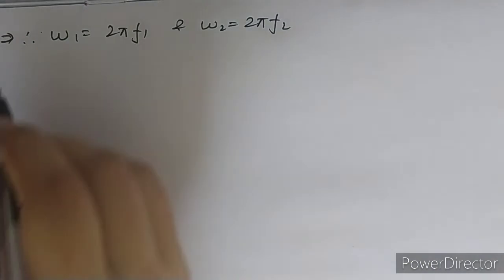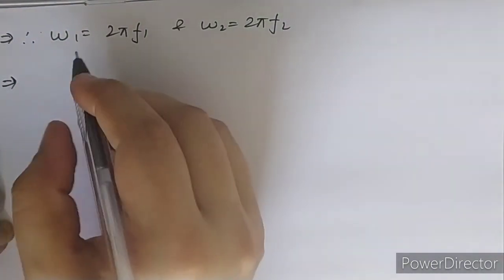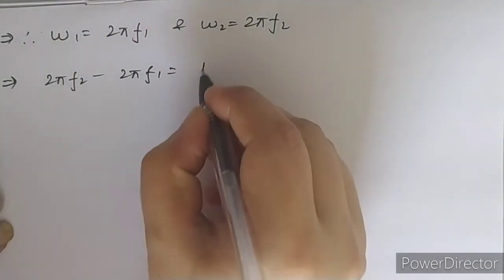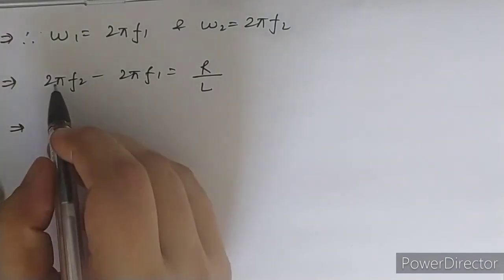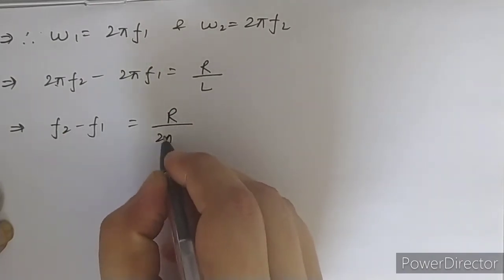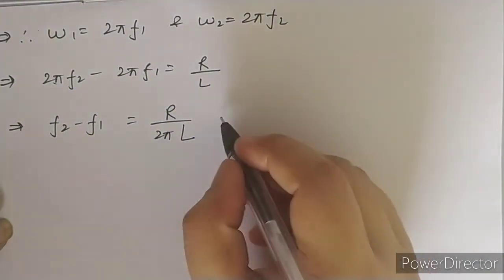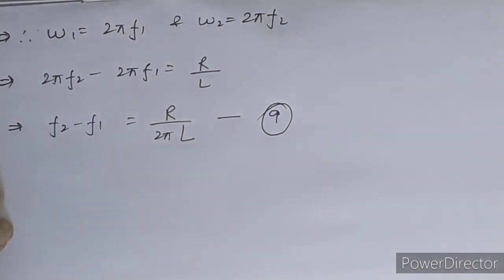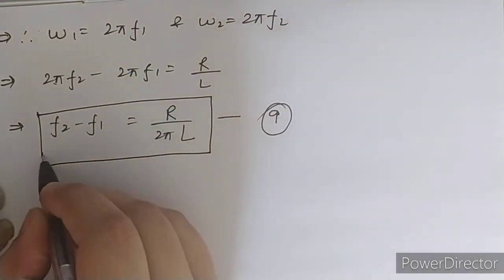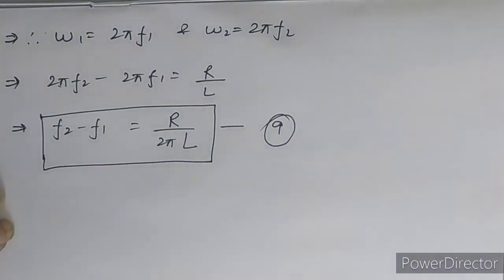Putting these values, we get 2 pi f2 minus 2 pi f1 is equal to R upon L. Taking 2 pi across, f2 minus f1 is equal to R upon 2 pi L. Okay, this will be your equation number 9, and this is your expression for the bandwidth. Clear? We have calculated the value for the bandwidth like this.